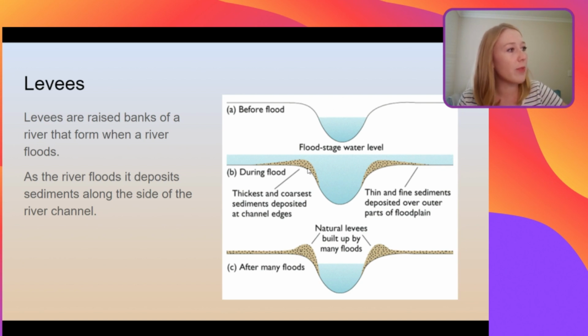And it will keep depositing that material until it forms a little mound on each side of the river. And that is your levee. So it builds up after many, many floods, and it can actually reduce the chance of flooding or just the impact or the damage of flooding. So typically we find this more in the middle to lower course.